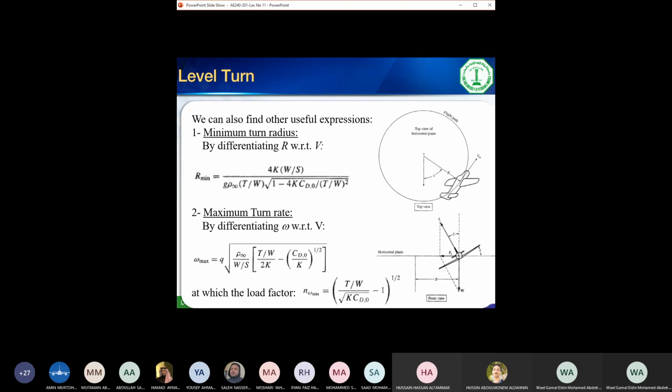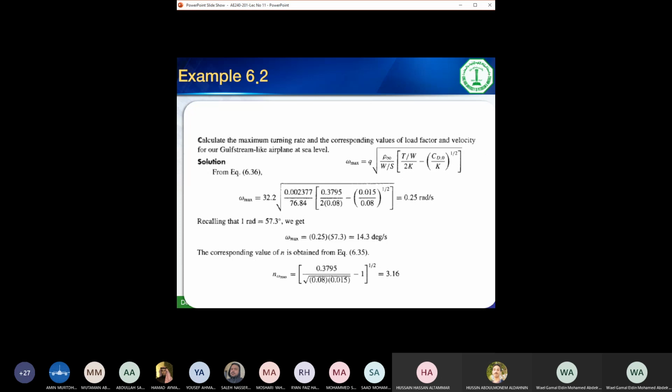So I can use these as design parameters. And if I have the performance characteristics of the aircraft, it's just a matter of substituting the numbers. There isn't really a lot of derivation here. So all the examples that had to do with the turn, just like example 6.2, are direct substitution, like we had before.